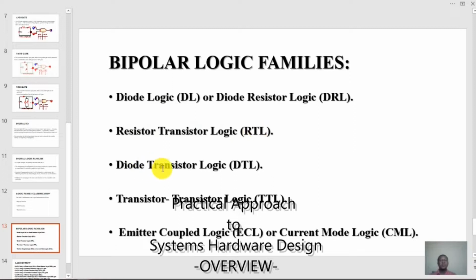We have the diode transistor logic that makes use of diode and transistor to form the logic. We now have the transistor transistor logic that makes use of transistor and transistor to form the logic. Then finally, we have the emitter coupled logic, which uses only transistors but configured in a different mode. That's what we call emitter coupled logic or current mode logic.